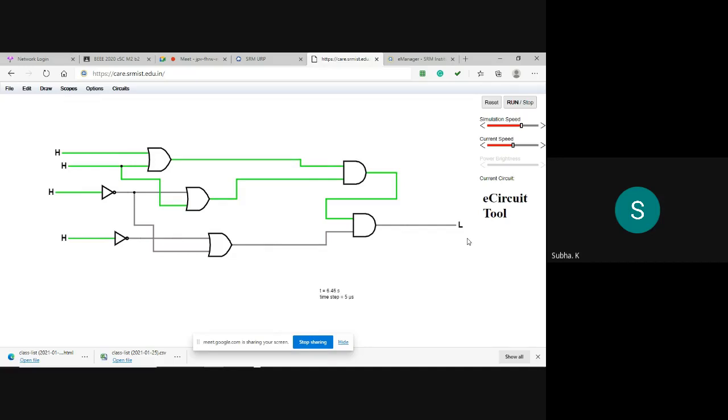Understood? Yes, ma'am. Okay, I will give you one more expression. Wait. Take down the question that I am dictating. This question only you have to try.